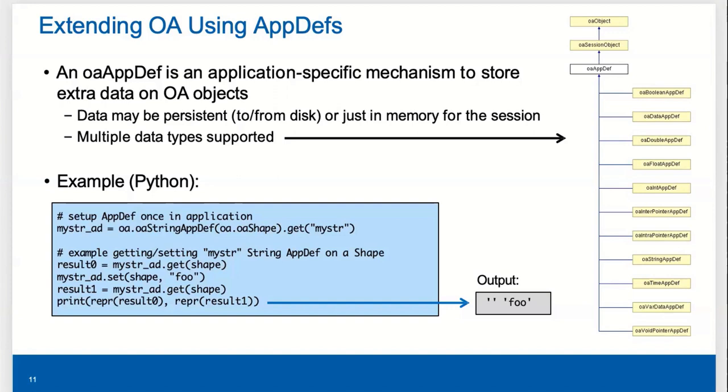This is essentially registering an app def of a given data type, in this case a string, and that app def is being registered to have the ability to attach to an OA shape. The name of that app def is my str, my string. So that first line of code essentially registers the app def, and this is the syntax that's used in Python.